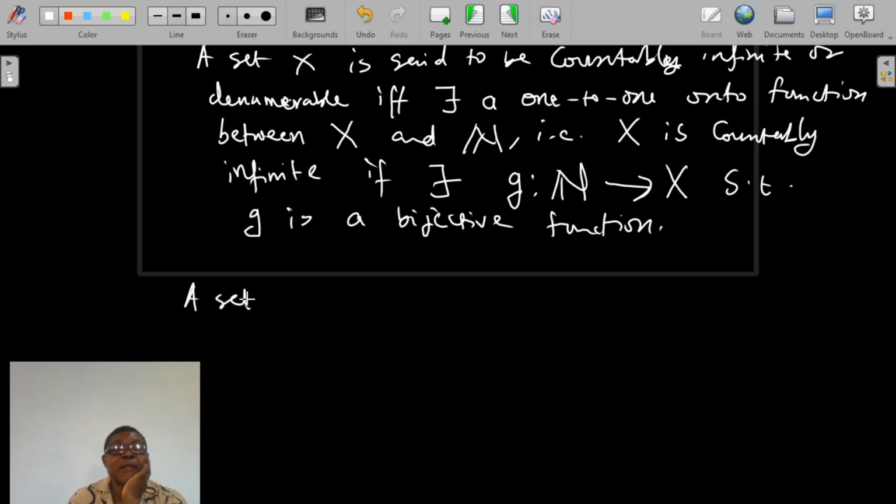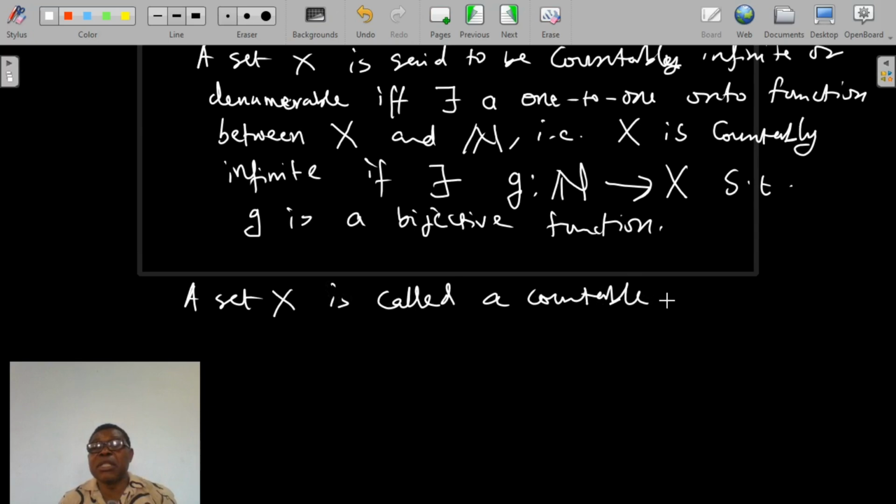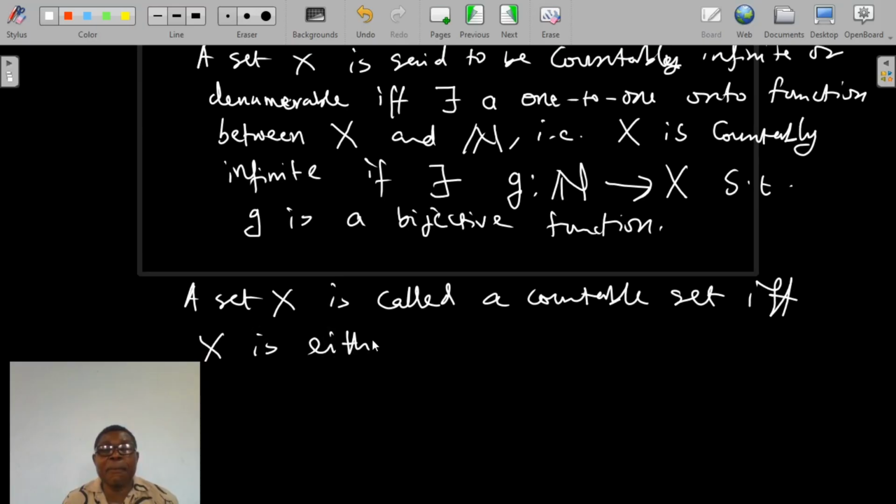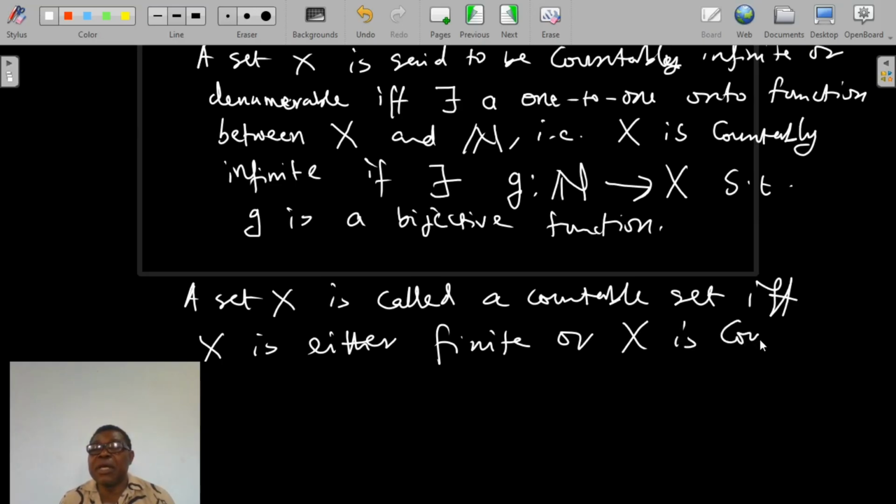A set X is called a countable set if and only if X is either finite or X is countably infinite.